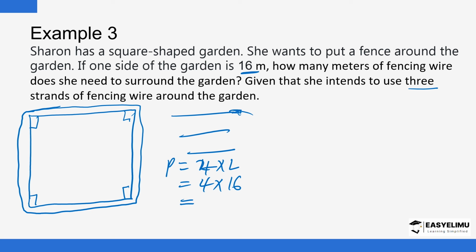So that is going to be 64 meters. So one strand going one round around the garden, that length is 64 meters. So we need 3 strands. So the length of the wire that you are looking for should be 3 times 64.